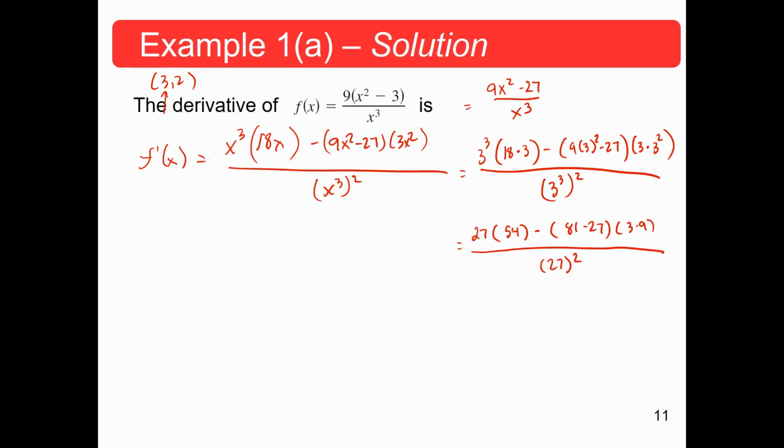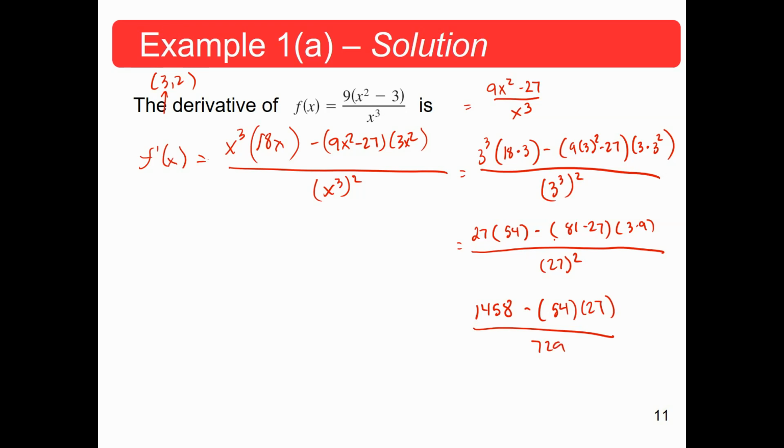So we get out our calculator. 27 times 54 is 1458. Here we've got minus 81 times 81 minus 27, which is 54 times 9 times 3, which is 27 over 27 squared, which is 729.